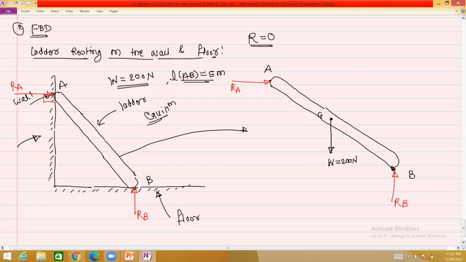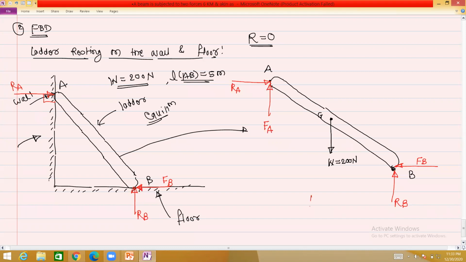That means there is no slipping. So there will be friction forces in the opposite direction to the motion. So this is the friction force at B. And similarly, there will be friction force which will be offered by the wall at point A. So this is FA.